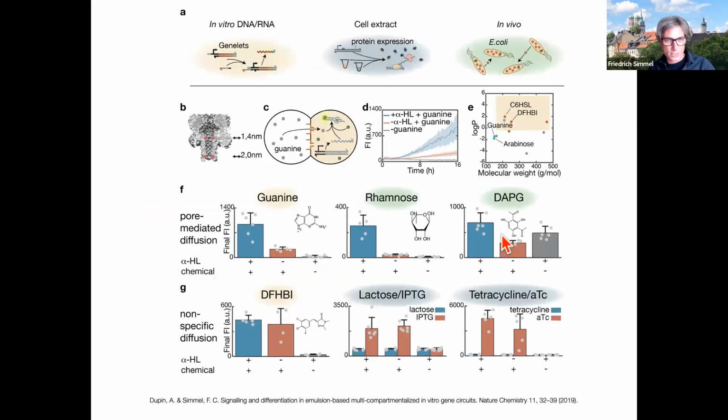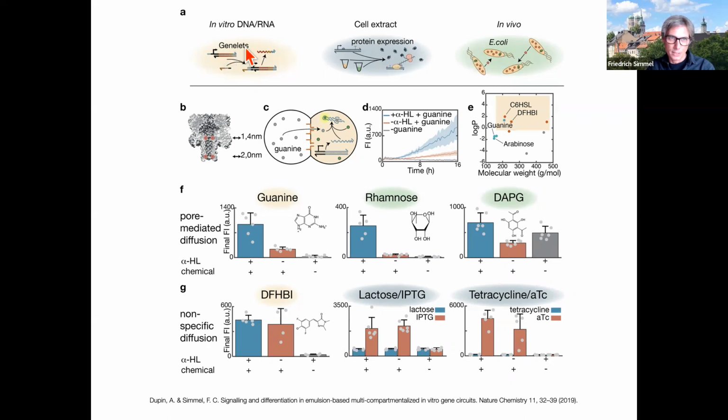Aurore studied different systems and different molecules to investigate such types of communication. These are always small molecules that are supposed to act as a genetic inducer, for example, in the end.